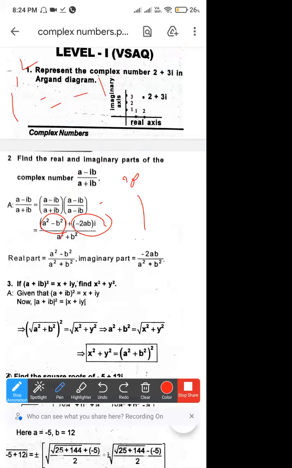But i is root of minus 1, that is the imaginary part. So this part is your real part and this part is your imaginary part. So we wrote over here, real part is equal to a square minus b square by a square plus b square. Imaginary part is equal to minus 2ab by a square plus b square.